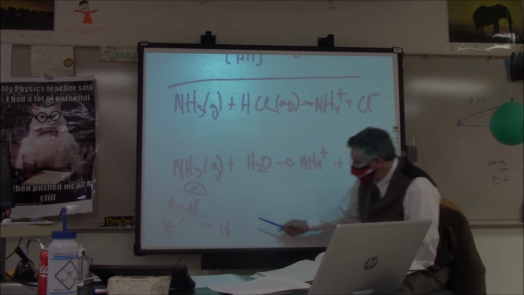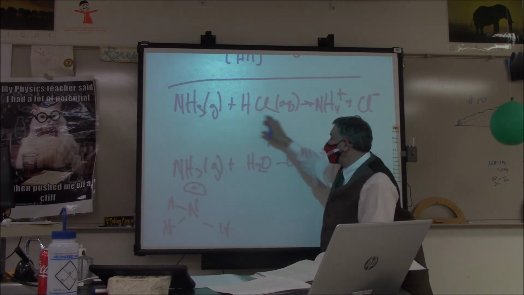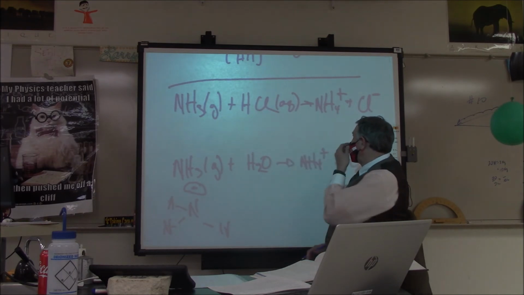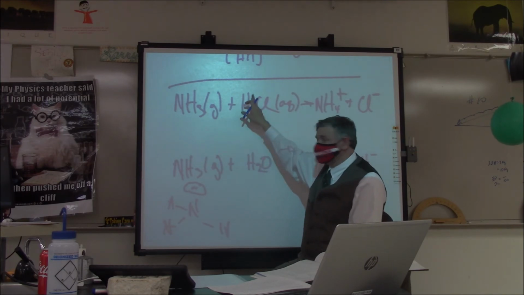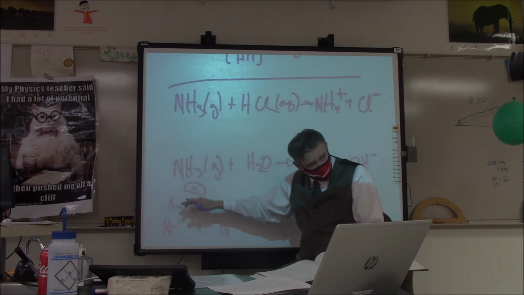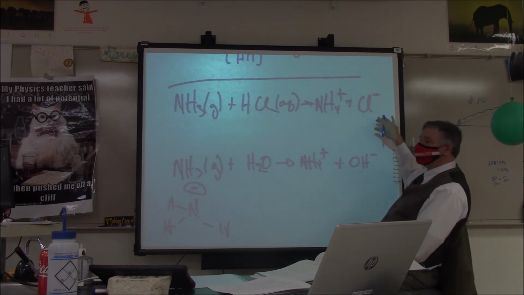Basically, what happens is you take ammonia gas and bubble it through hydrochloric acid. This hydronium ion, because it's positively charged, will become attracted to this lone pair of electrons on the ammonia, and you'll form NH4+ and Cl-.